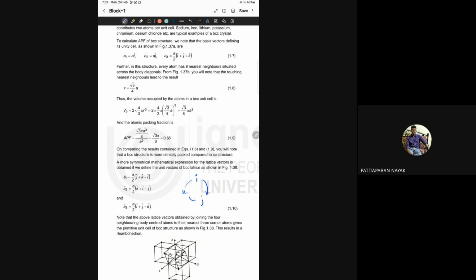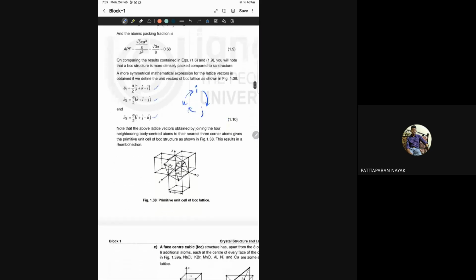These are cyclic. If J and K are positive, I is negative, then next K and I will be positive, J will be negative. Next J and I will be positive, K will be negative. So this is how we define the primitive cell vectors.